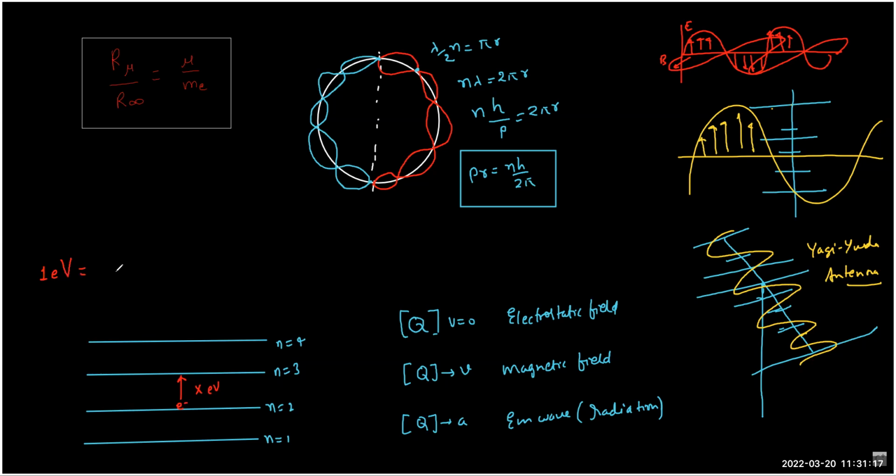I hope you know: 1 electron volt is equal to 1.6 times 10 to the power minus 19 joule. It is the charge of the electron expressed in joules, which means that if an electron is accelerated through a potential of V volt, then the energy gained by the electron will be eV.